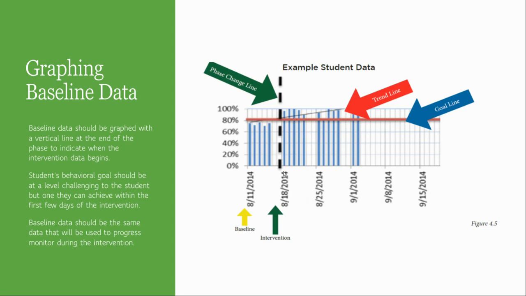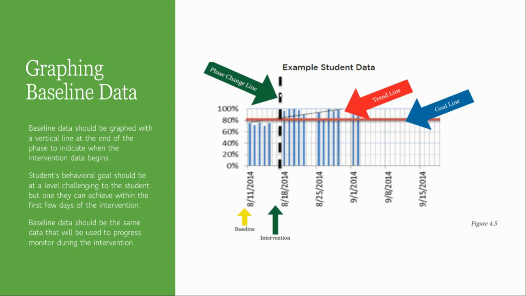The student's behavioral goal should be at a level that's challenging to the student, but one they can achieve within the first few days. And then the baseline data should be the same data that will be used to monitor progress. As you can see here, they're tracking the student's performance daily using the daily progress reports.